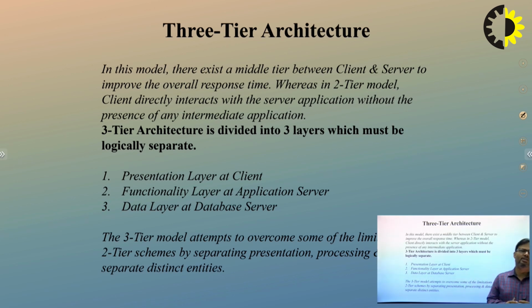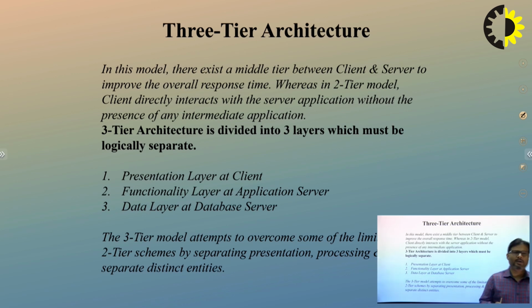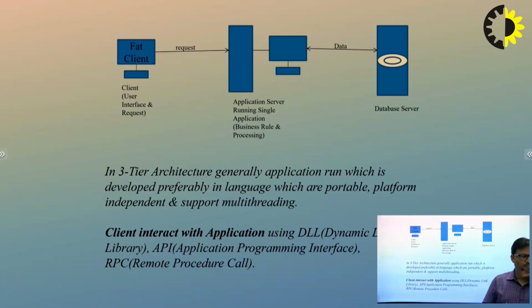First, the presentation layer, which we also call the client. Second, the functionality layer, also called the application server. And third, the data layer, the database server. The three-tier model attempts to overcome some limitations of the two-tier schemes by separating the presentation, processing, and data into separate distinct entities.